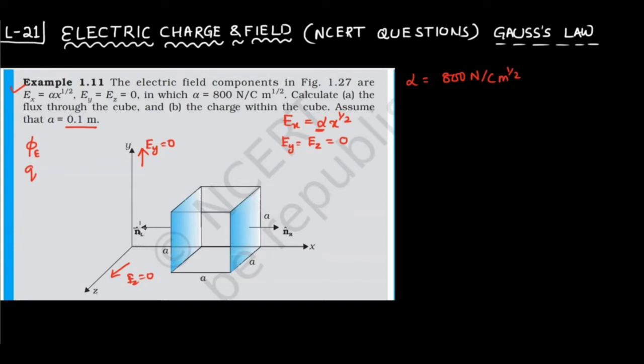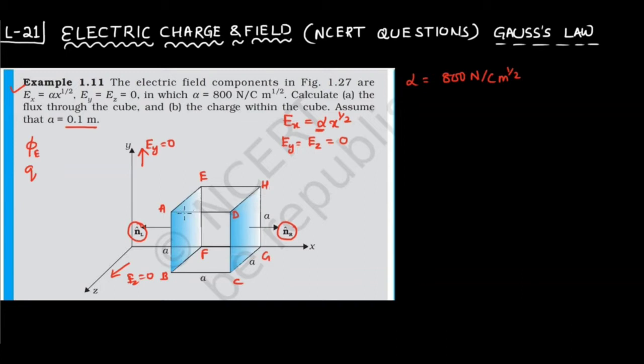So N L cap means the area vector direction for the left surface, and N R cap is the area vector direction of the right surface.